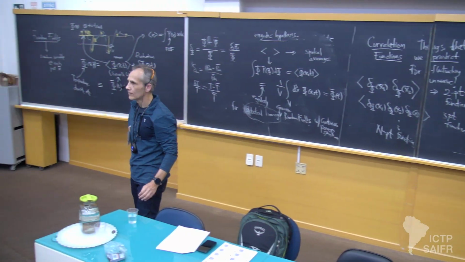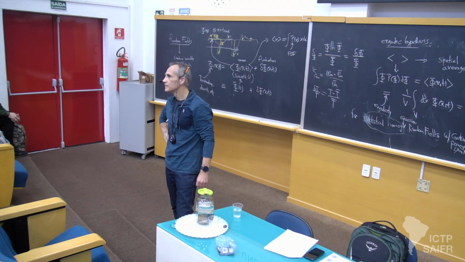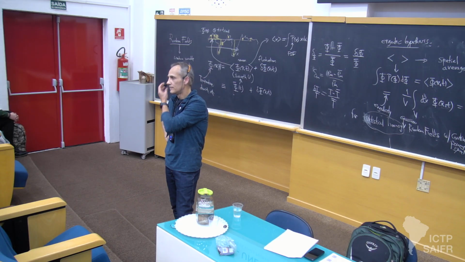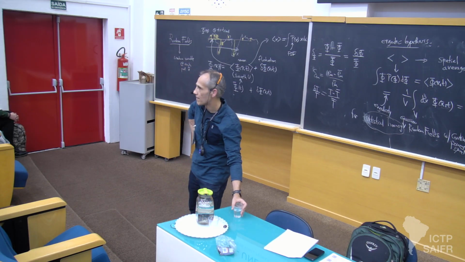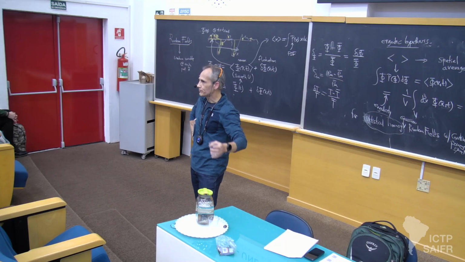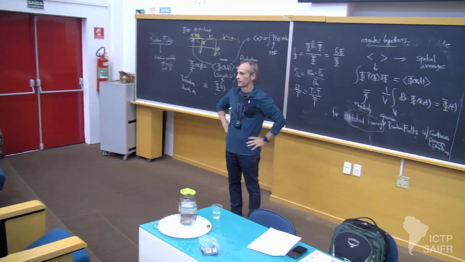I wanted to ask a question to clarify one point. So here, when you use a lot of conditions to be able to use the ergodic hypothesis, this statistical homogeneity and isotropy is independent from the fact that the field can be Gaussian or not. So you can use these symmetries even if you have non-Gaussianities in the field.